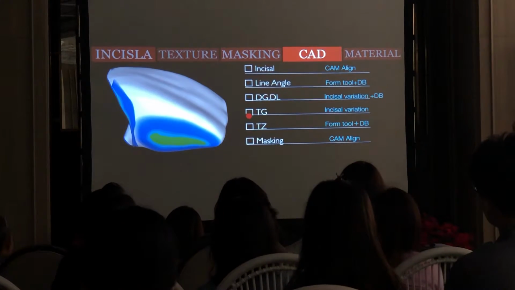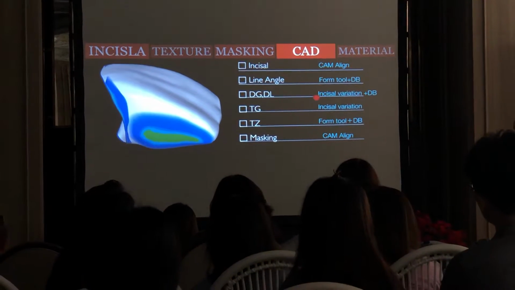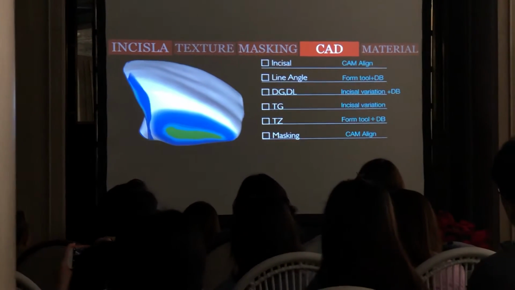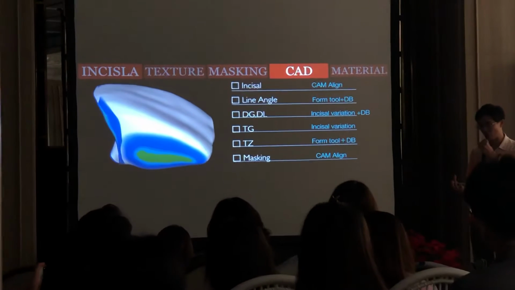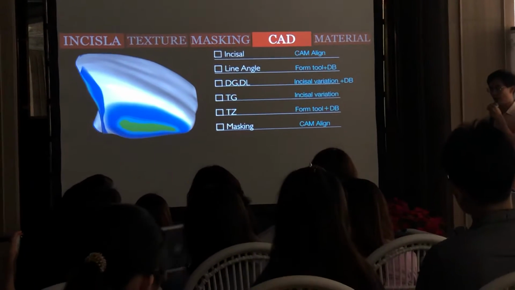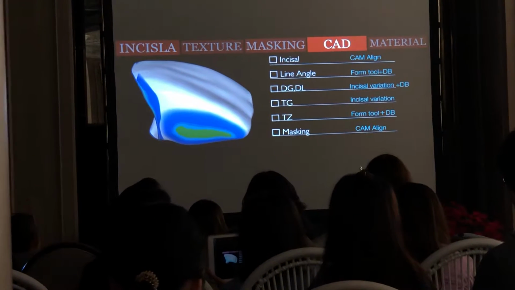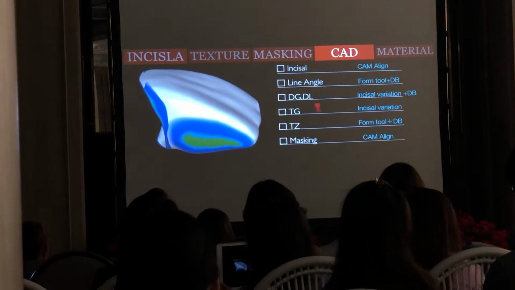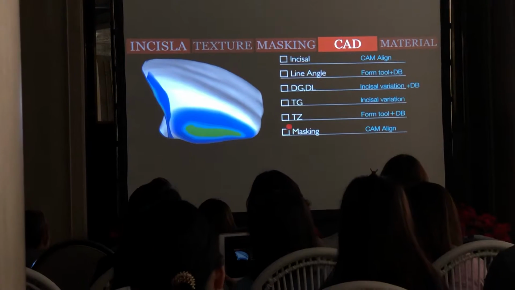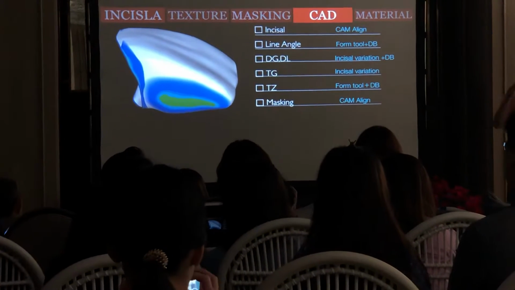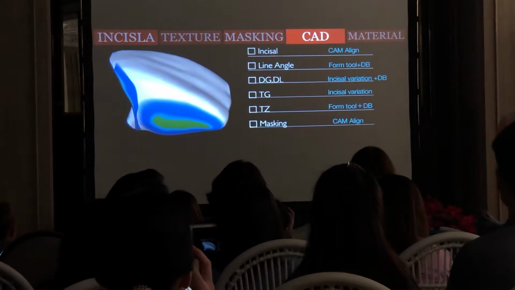If you have developmental groove and lobe, you have the incisal variation tool. That is a function in the software. And of course, you can choose from the database. That is very important. So this picture all indicates how to manage your CAD software.